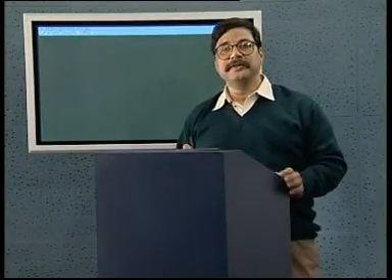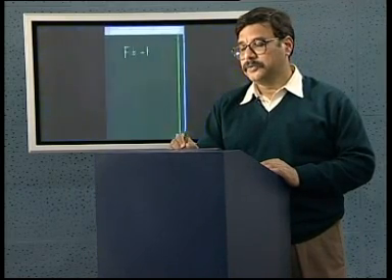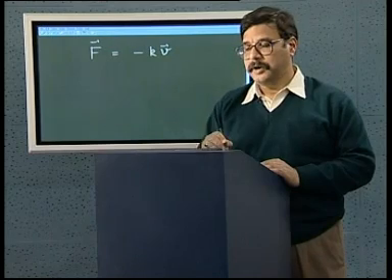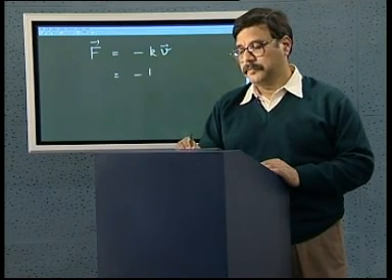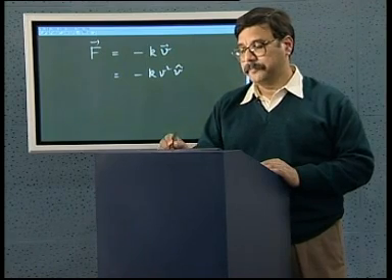So, what we have done in this lecture is shown through some examples how the drag force affects the motion of a particle. I have considered the simplest possible form where F is proportional to the velocity itself, and another form where F is proportional to the velocity square.